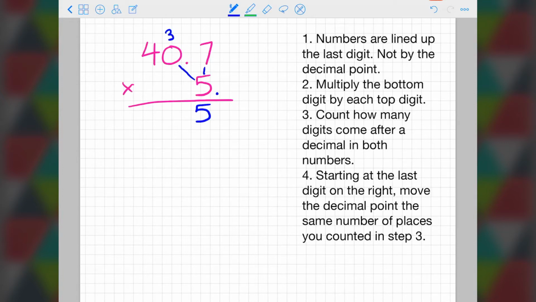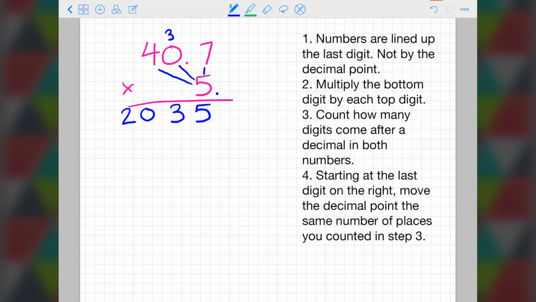Whenever we have carried numbers up here, we add those. So 0 plus 3 is 3. The whole time we're doing this, we are ignoring those decimal points for now. Last number, 5 times 4 is 20. That is also a 2-digit answer, but we are out of digits, so we can just write 20 right here.